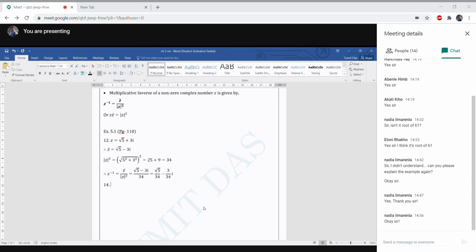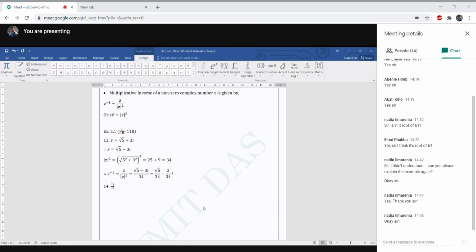Question number 14 says one expression is given. We have to convert this one into a plus ib form. So let's write down the expression. If anyone has a doubt, please write down now.